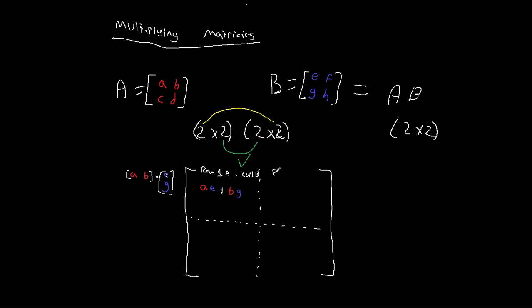This is going to be row 1 in A times column 2 in B. So this is going to be A, B, because that's the first row in A, times the second column in B, which is going to be F, H. And again, row vector times a column vector.